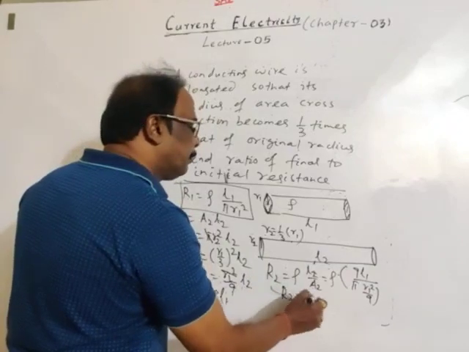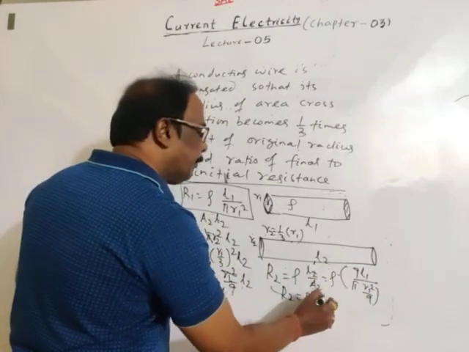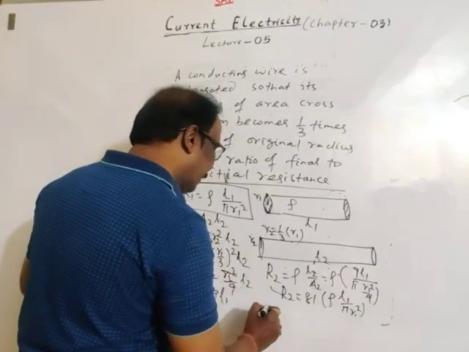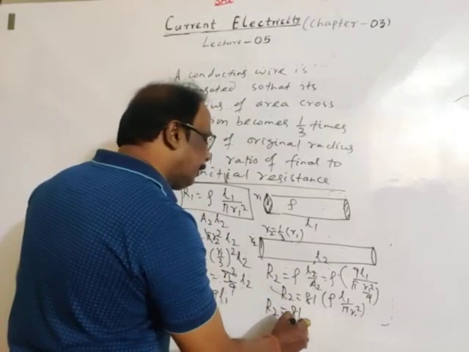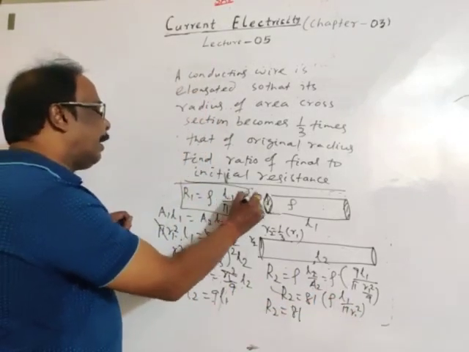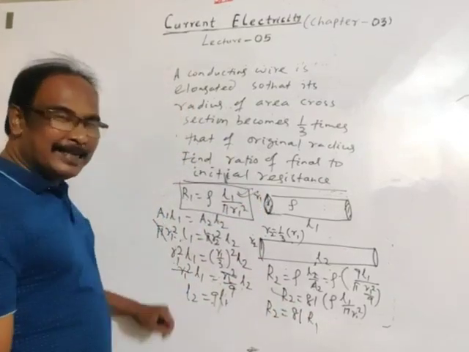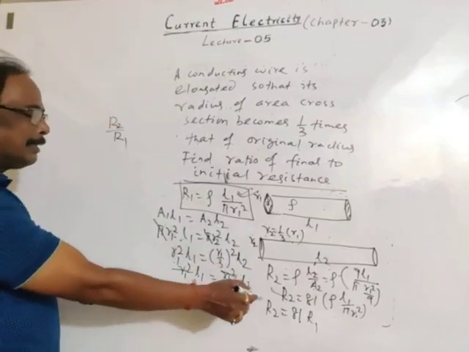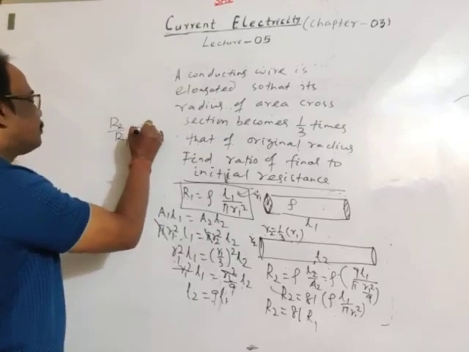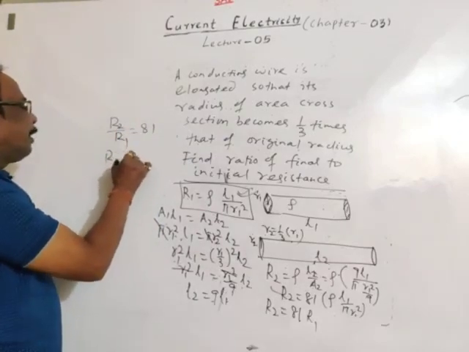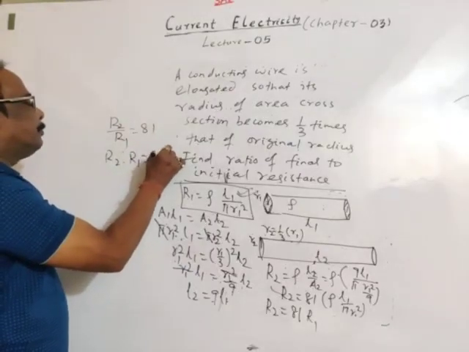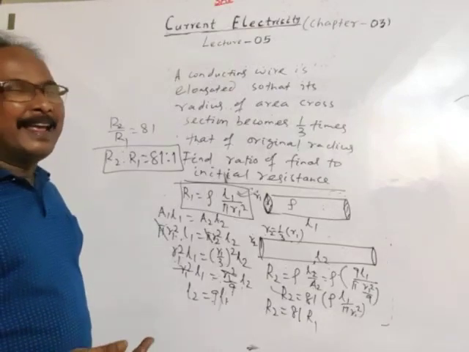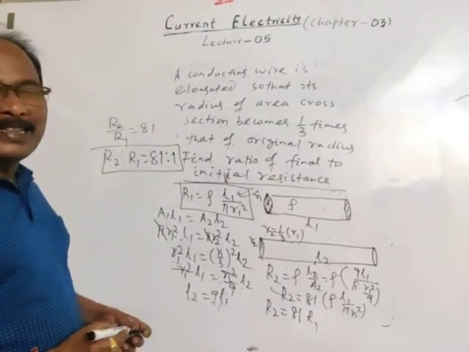So R2 is equal to 9 into 9, 81, times rho L1 by pi R1 square, which is the initial resistance R1. Your answer is the ratio of final to initial resistance, R2 by R1, is 81, that means R2 is to R1 is equal to 81 is to 1. This is your answer. Very simple, these are fundamental board-based numericals.